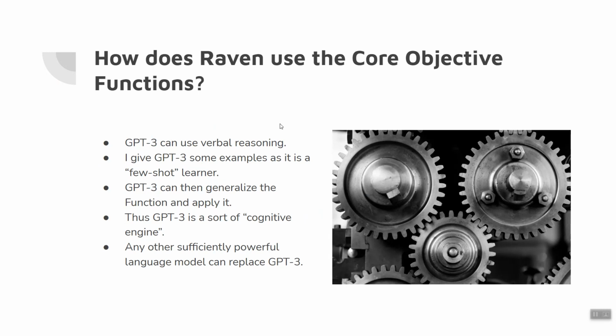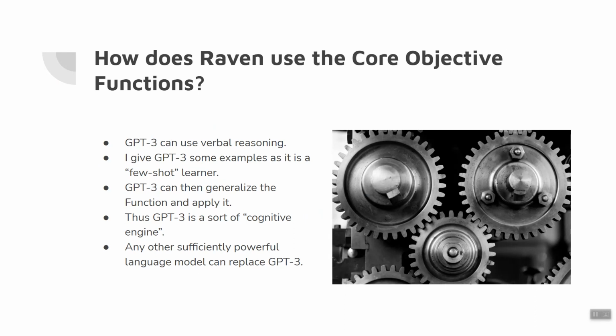How does Raven use these core objective functions? Right now, the underpinning technology that allows Raven to function is GPT-3. So GPT-3 can use verbal reasoning. For instance, you give GPT-3 a few examples and it learns to generalize the function. In that way, I consider GPT-3 a kind of cognitive engine.